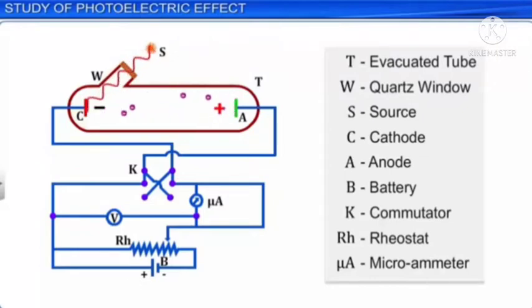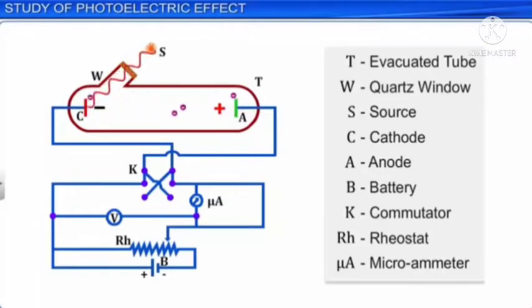The potential difference between the cathode and the anode accelerates the electrons towards the collector plate, and hence this potential difference is now referred to as accelerating potential.